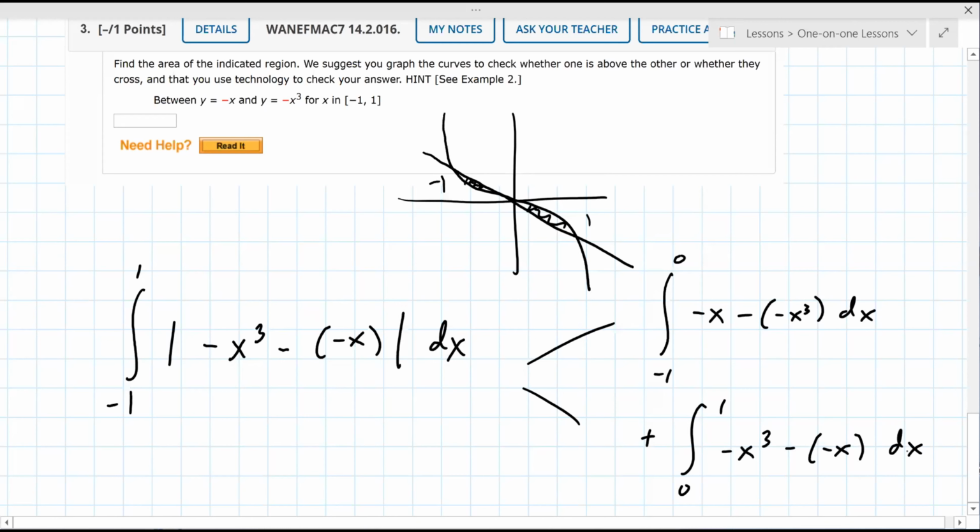You'd have to know to switch the order of the terms because one's on top, one's on the bottom, in one region versus the other. You'd have to know to do all this on the left, or your technology will do this on the right. So you have an absolute value button in your calculator, so you can actually just use the ABS on that.